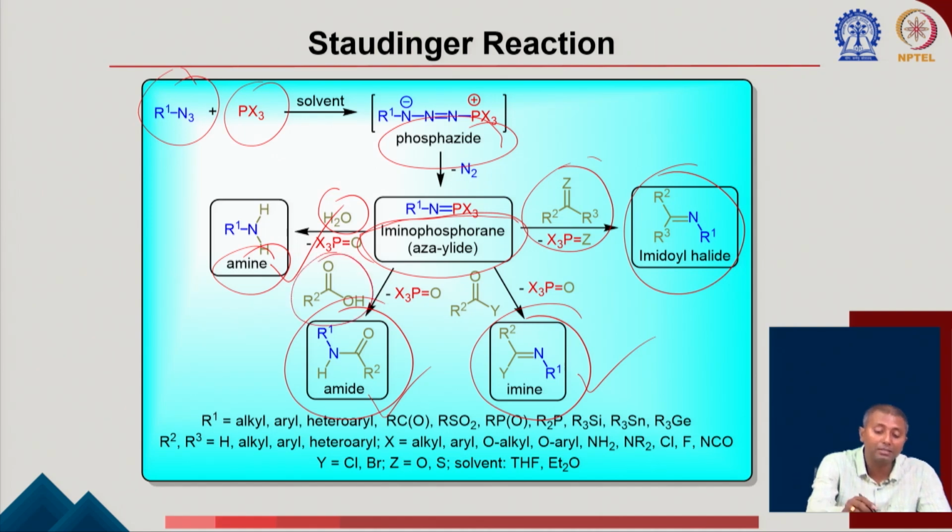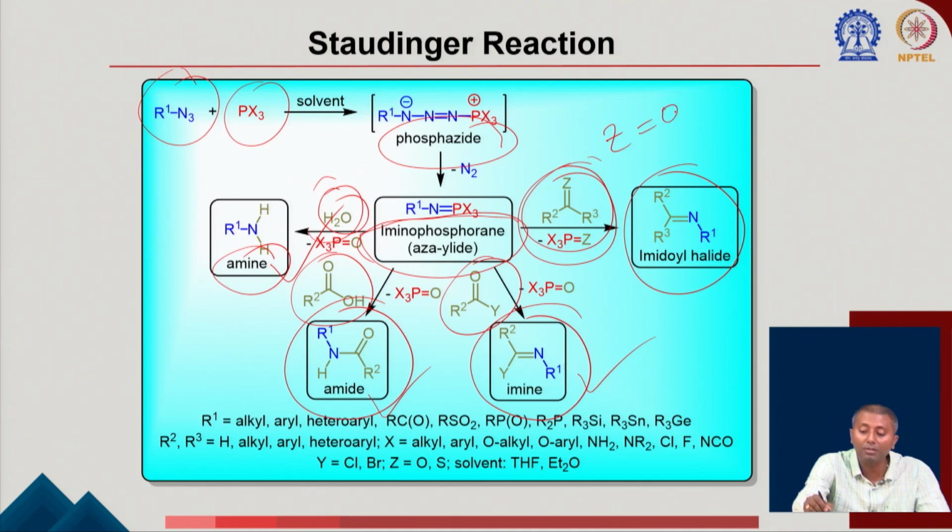Here you choose acid, here you choose water, and here you use the corresponding carbonyl compound with Y equal to an acid halide. Here Z equals oxygen, so you use a carbonyl compound, or if J is oxygen or sulfur, that can generate the corresponding imidoyl compound.